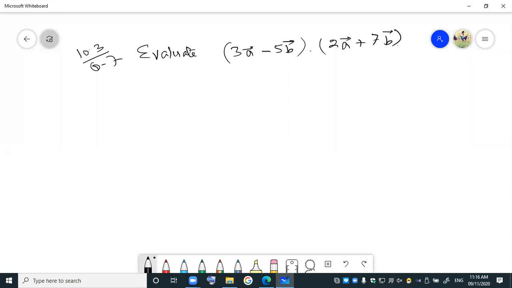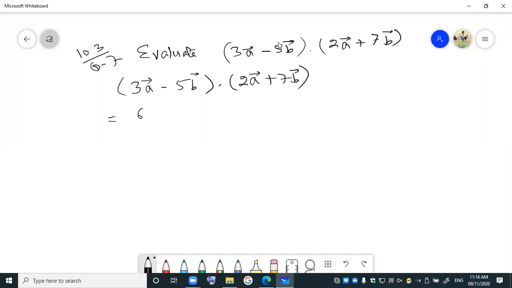It is the dot product: (3 times vector A minus 5 times vector B) dot (2 times vector A plus 7 times vector B).